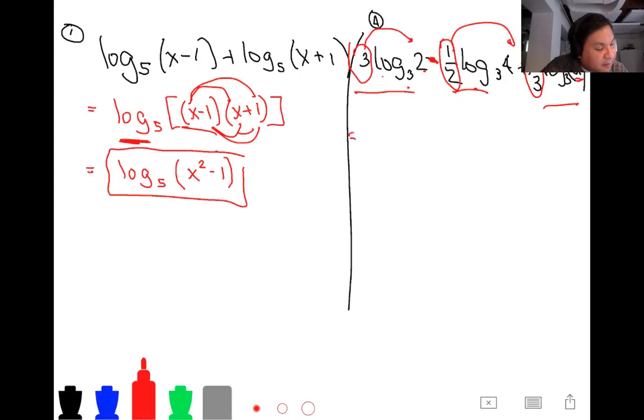Thus, it becomes logarithm to the base 3 of 2 cubed, minus, in this case, we're not going to carry over the minus, just the coefficient, minus logarithm of 4 to the base 3 raised to the 1/2.